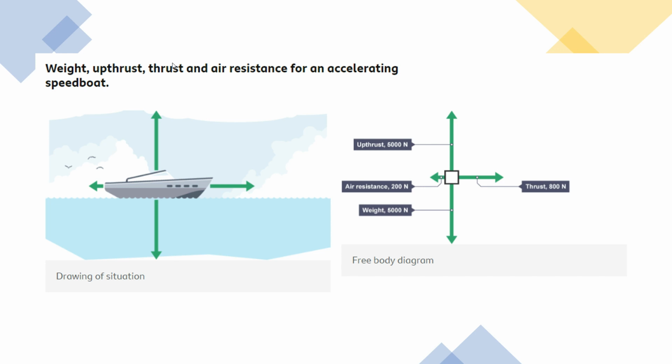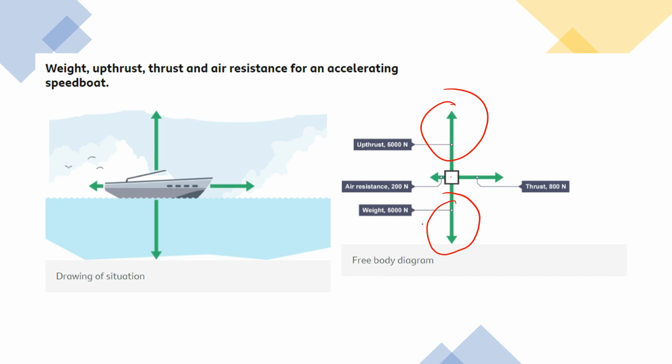Okay, now always remember, if the object floats, it means its upthrust must be equal to the weight. In any condition, if your upthrust is lower than the weight, then the object will sink.